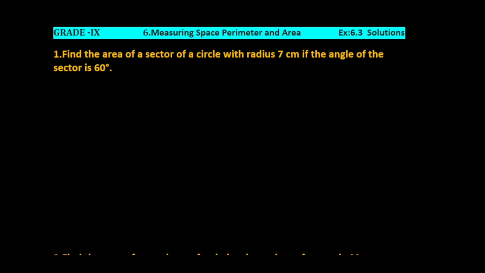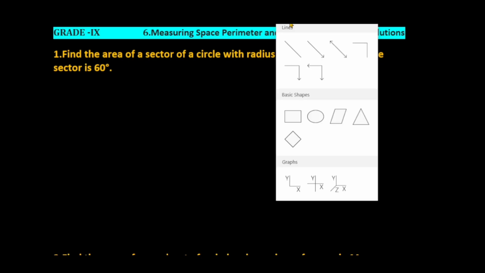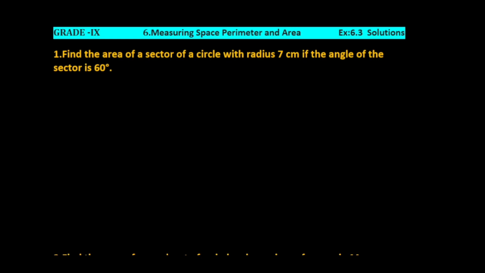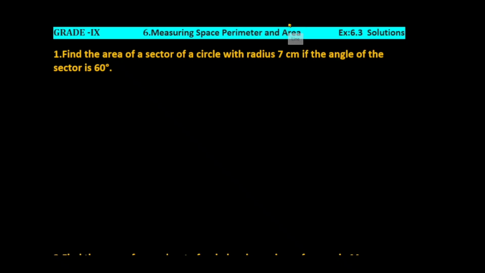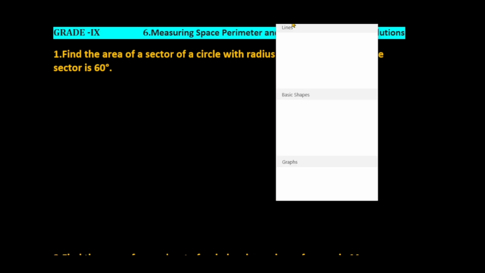First question, find the area of the sector of circle with radius 7 centimeter if the angle of the sector is 60 degree. So visualize everything, so easily we can find the answer. 60 degrees, so the sector is the minor sector.